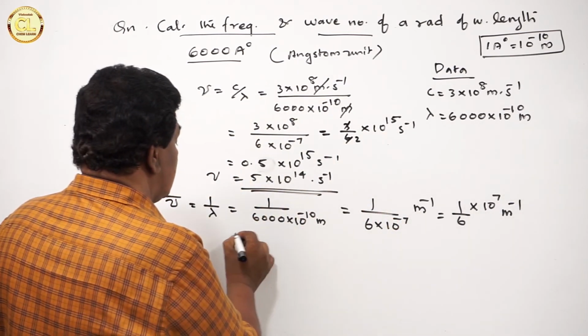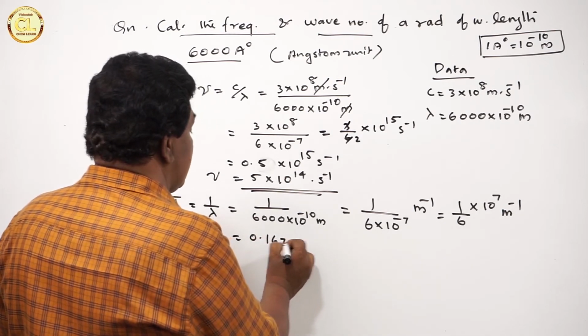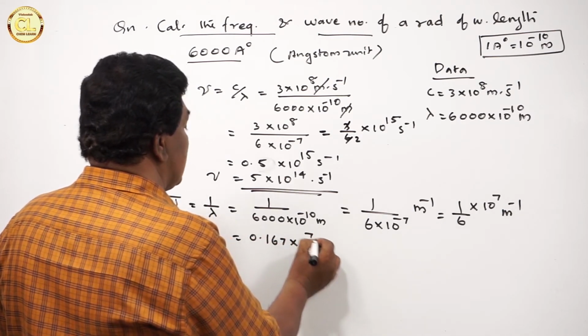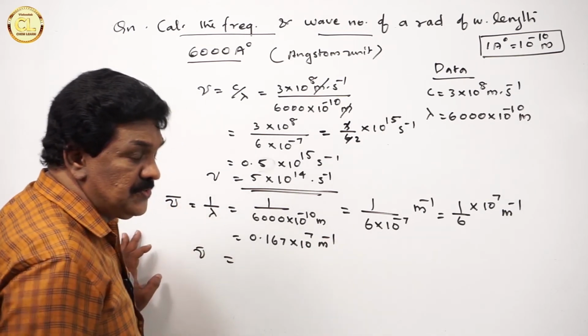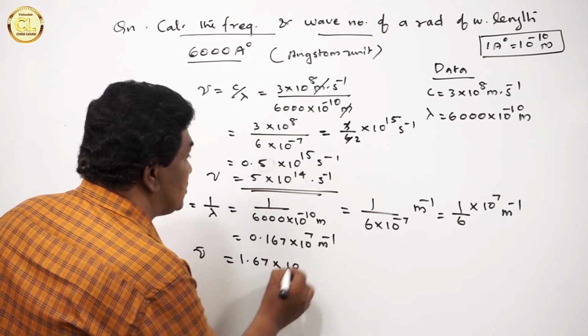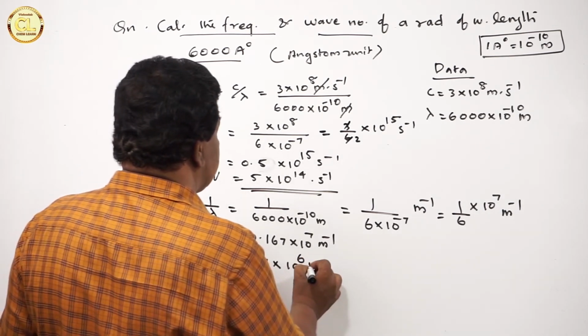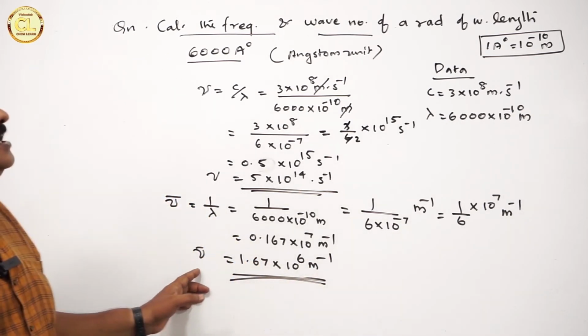That is equal to 0.167 into 10 raised to 7 meter inverse. That is, nu bar is equal to 1.67 into 10 raised to 6 meter inverse. That will be the wave number of the radiation.